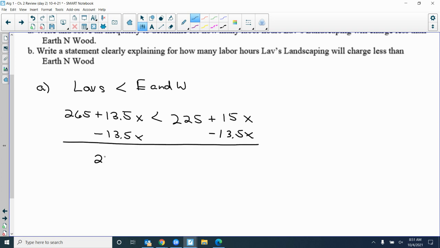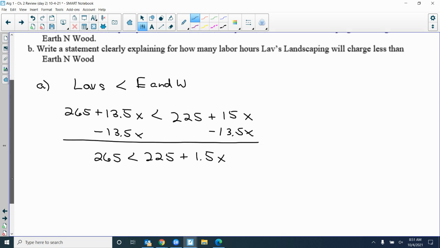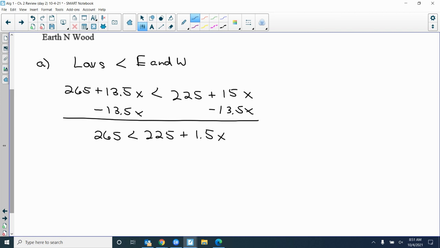Okay, so I get 265 is less than 225 plus 1.5x. Okay, Mason? Subtract 225 on each side. Okay, subtract 225. Now that gives me 40 is less than 1.5x.